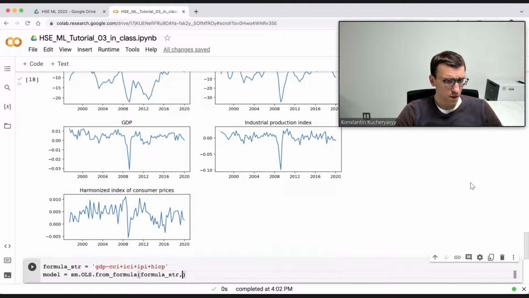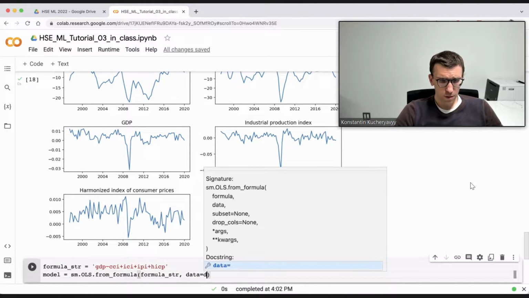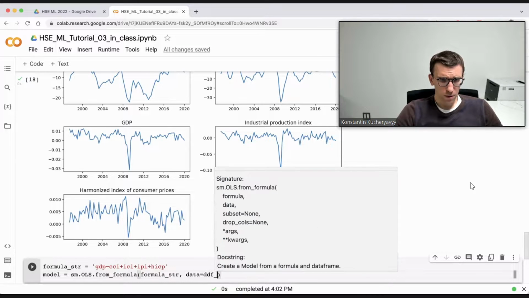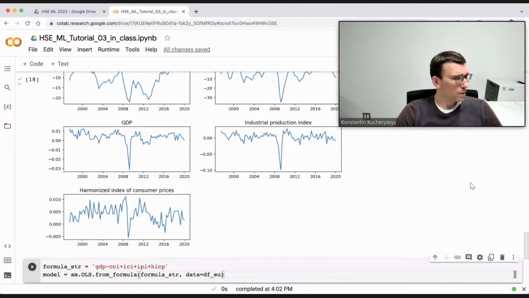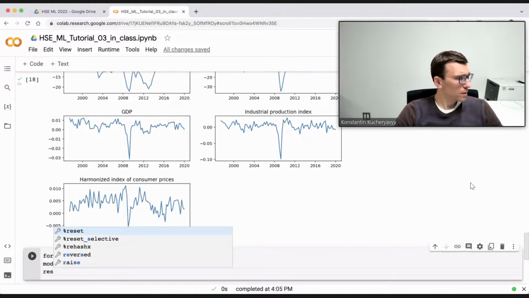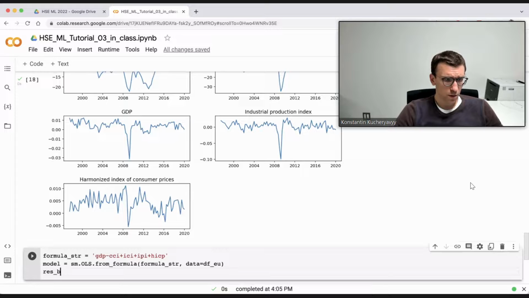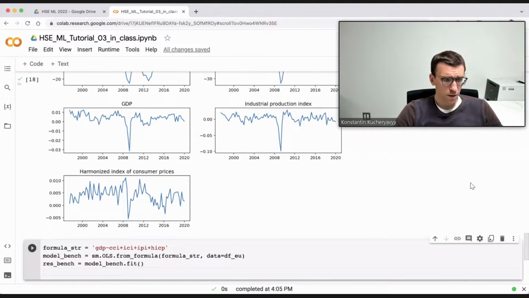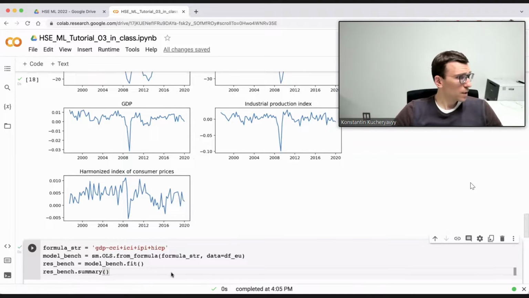It's there, and then data is equal to the data. Let's call it model benchmark and result benchmark. Model bench fit, and then let's first see at the summary what we get.